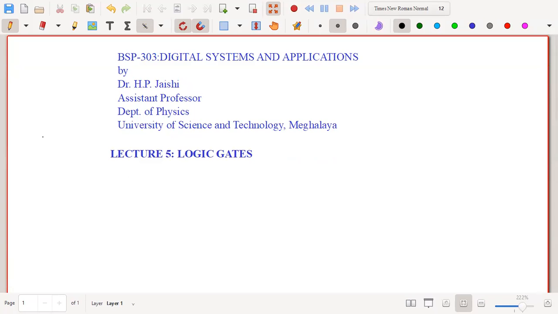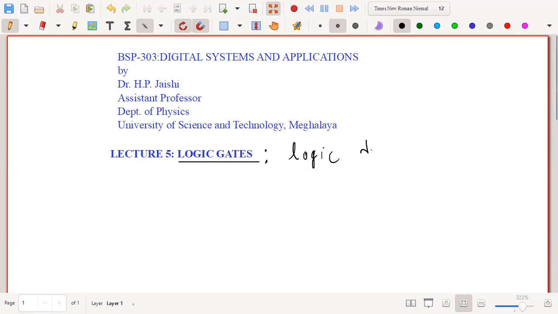Now let us first try and see what these logic gates are, which I have written as the topic here. A logic gate is an electronic circuit which makes logic decisions.